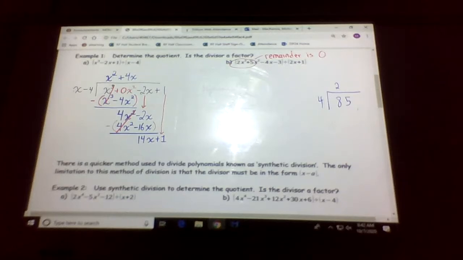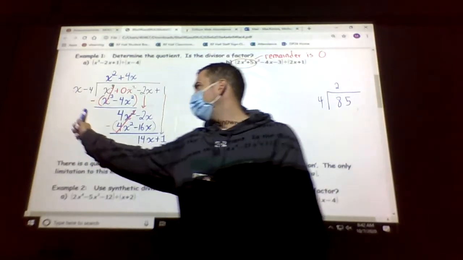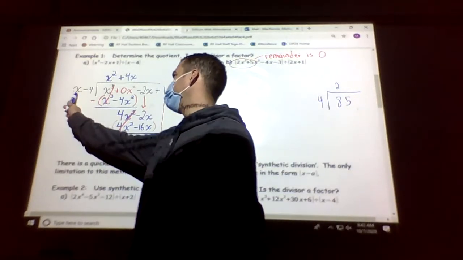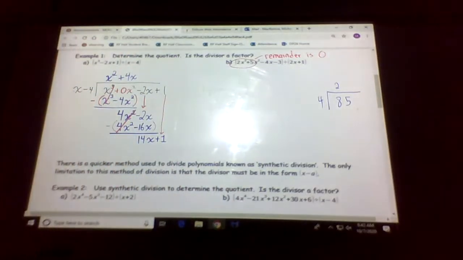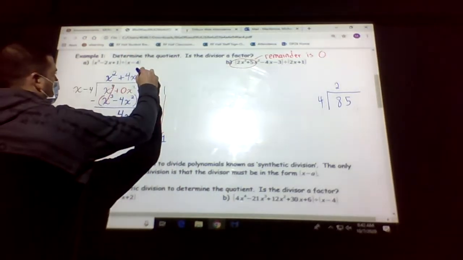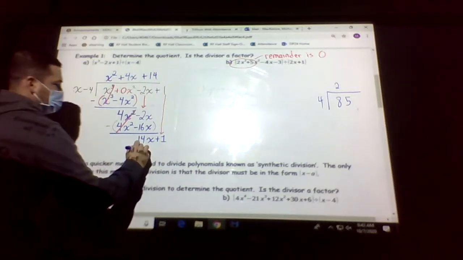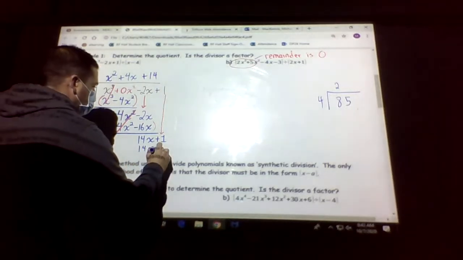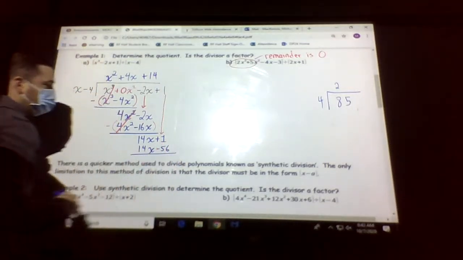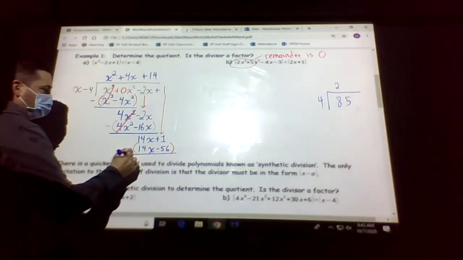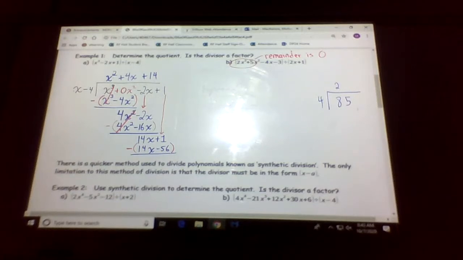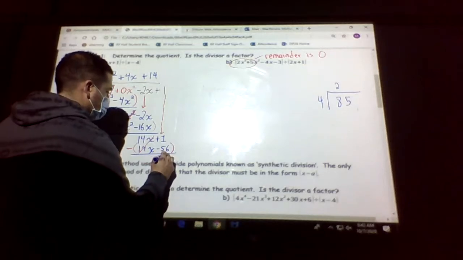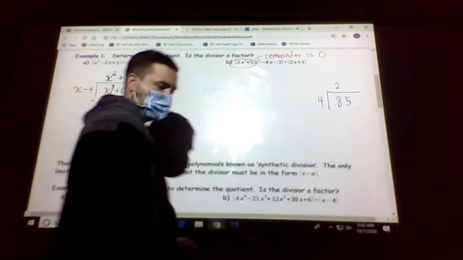What can we multiply x by to get to 14x? Artemis? 14. So 14 times x is 14x. 14 times negative 4 is negative 56. Subtract the whole thing. The 14s cancel out, and 1 minus a negative 56 is positive 57.